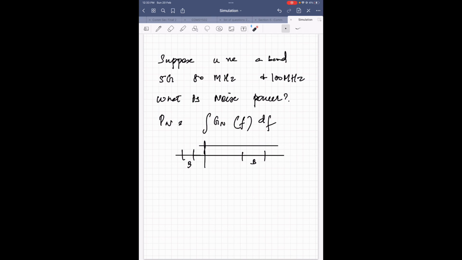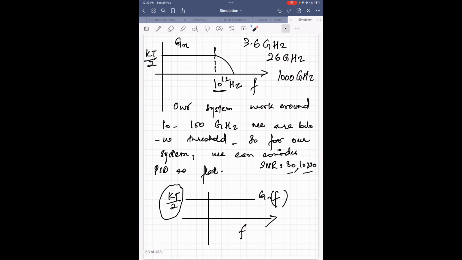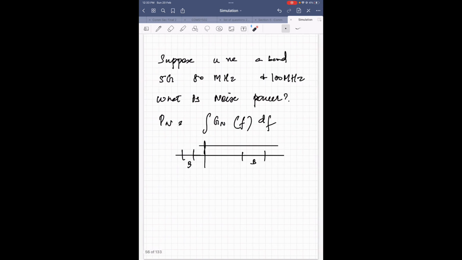We know that 5G has a bandwidth of around 80 megahertz or around 100 megahertz. So what we have to do is basically integrate the power spectral density over our frequency band.